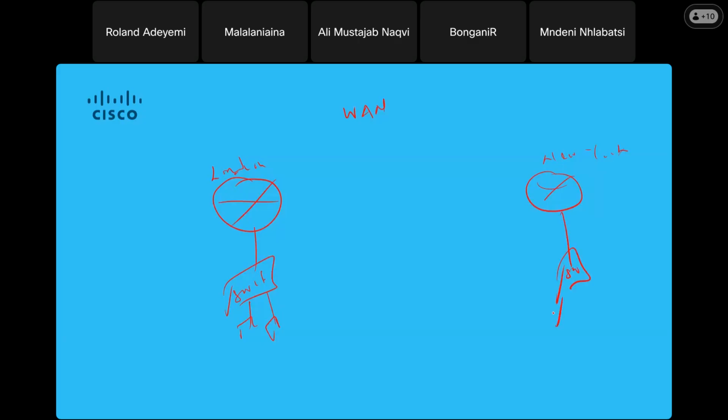I explained it in the last class. So we want people on this LAN in London to talk to the people on the LAN here in New York. We've been able to do that with our static routes. We learned how to use static routes to make remote connections happen.